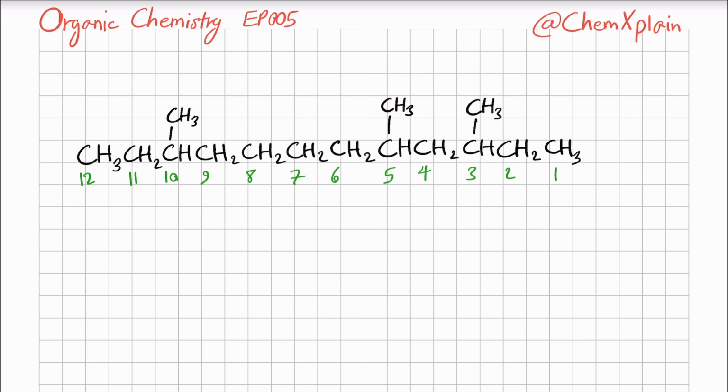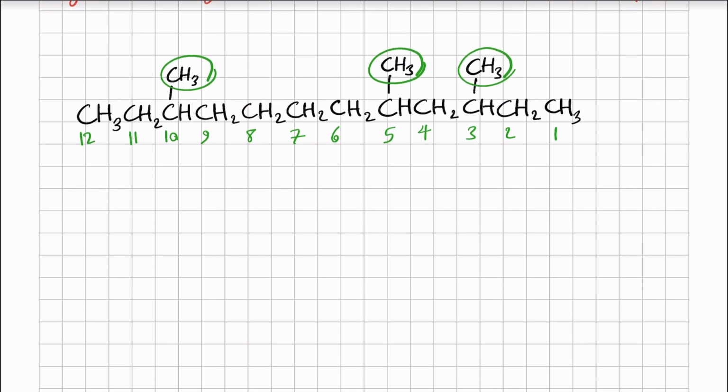Fine. Now it's time to find the names and numbers of substituent groups. As it is seen, 3 same substituents are connected to the main chain, whose names are methyl. To start naming, we have to say which carbon of the main chain is connected to the substituent.